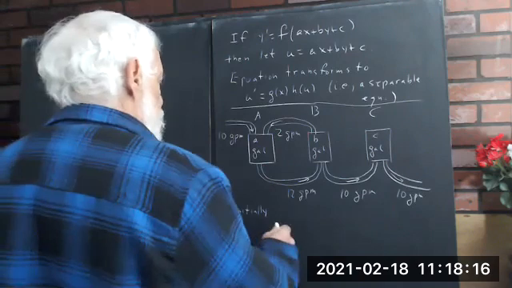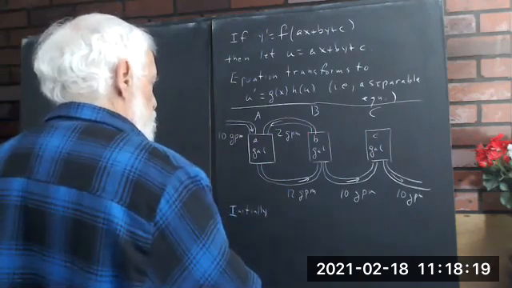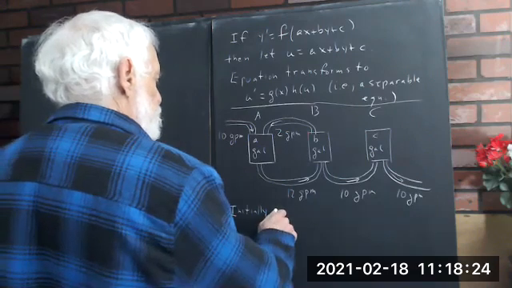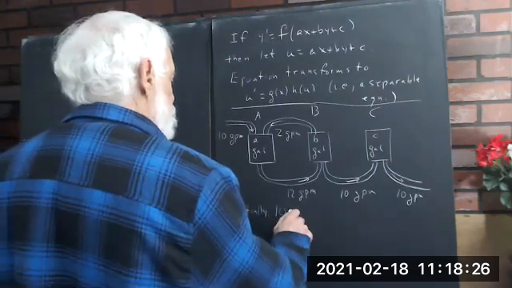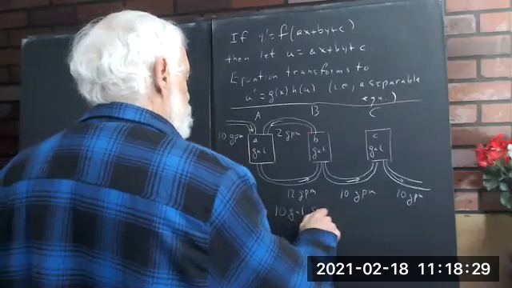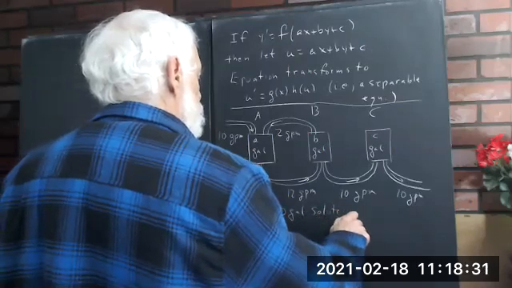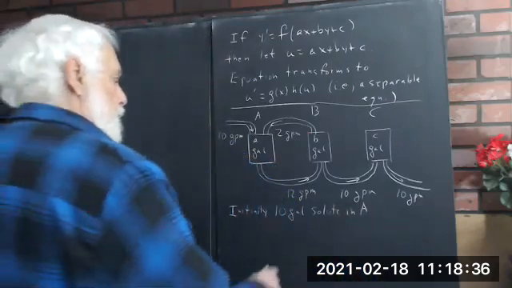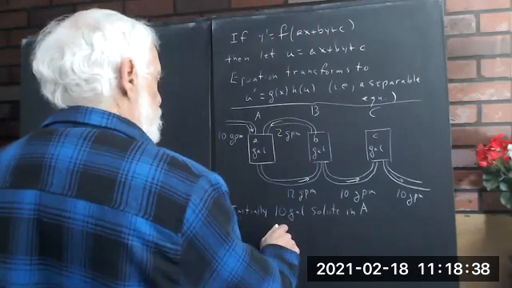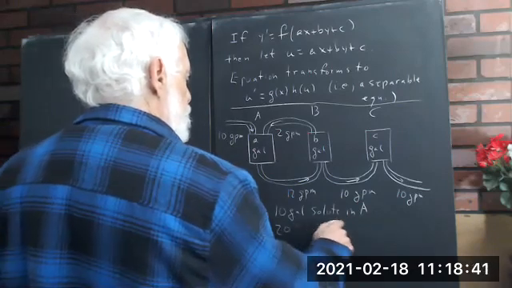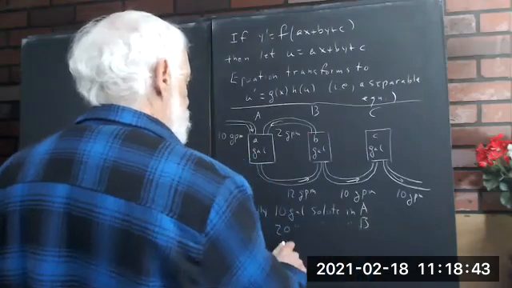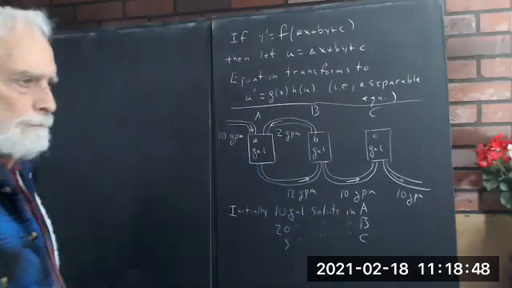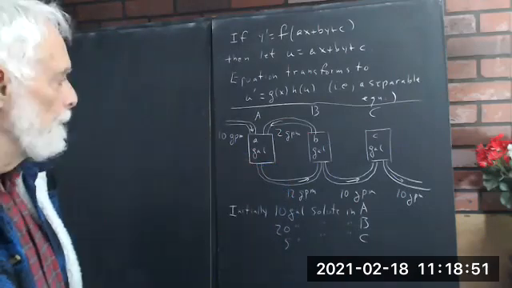So initially, let's say you have 10 gallons of solute in A, 20 gallons in B, 5 gallons in C. Could be any numbers.